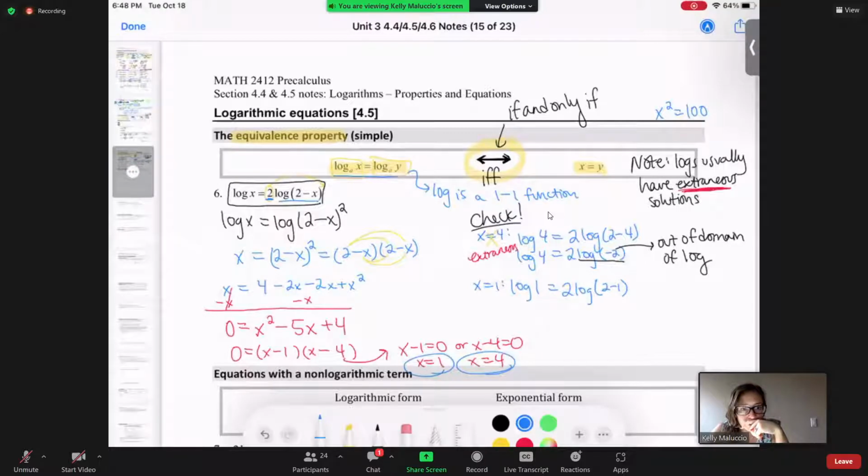Now I'm feeling like I did something wrong, but even though these don't look the same, 2 log 1, this is in the domain, and that's actually all we care about. So we will say x equals 1 is a solution. This one is good. This one was bad.